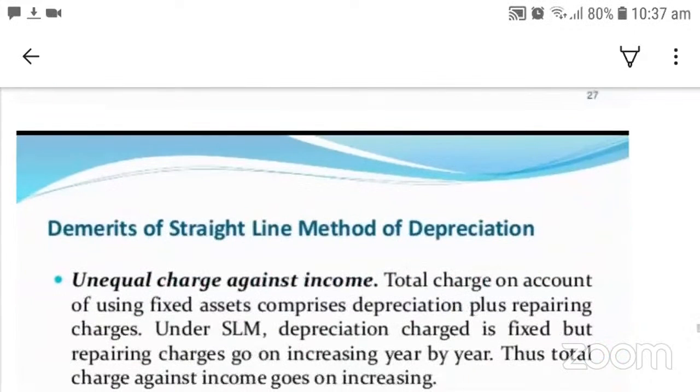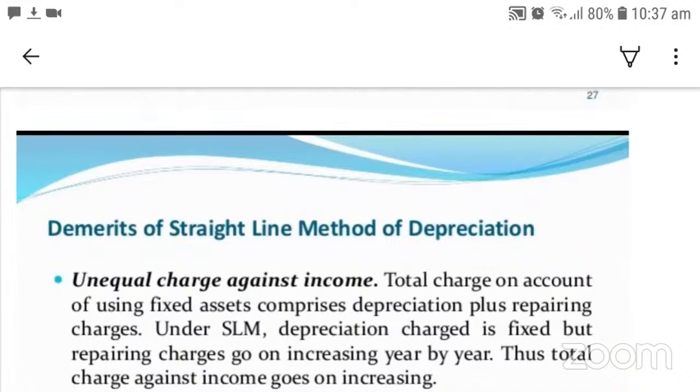Difficult to estimate scrap value also. Unequal charge against income. The total charge on account of using fixed assets comprises depreciation plus repairing charges. Under the straight line method, the depreciation charge is fixed, but repairing charges go on increasing year by year.